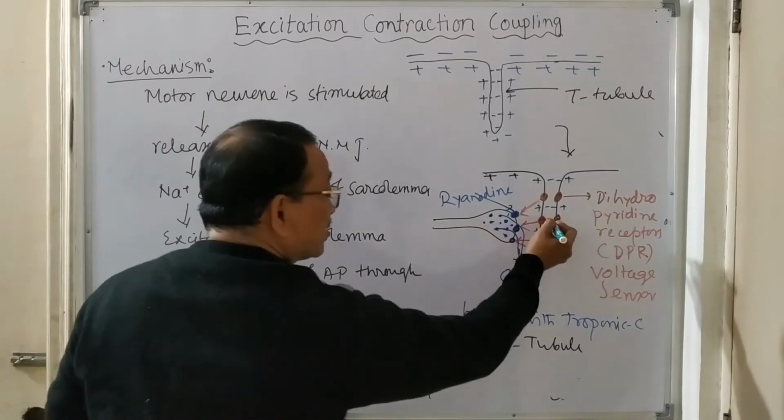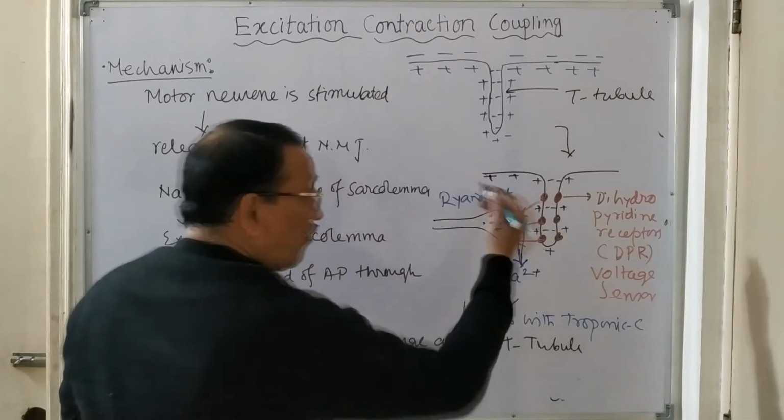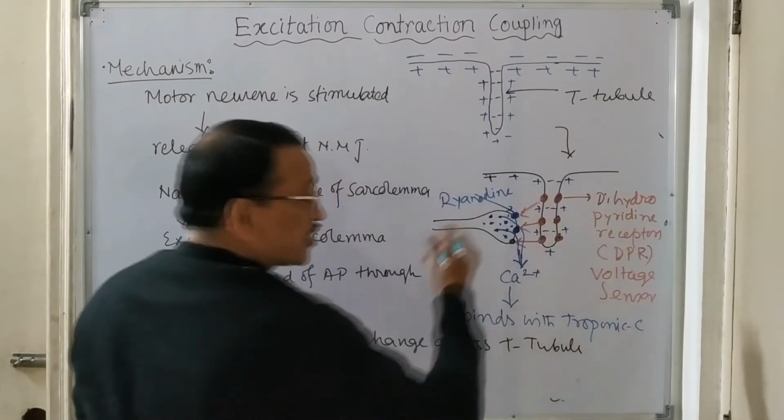So the dihydropyridine receptor gets aware that some voltage change has taken place.